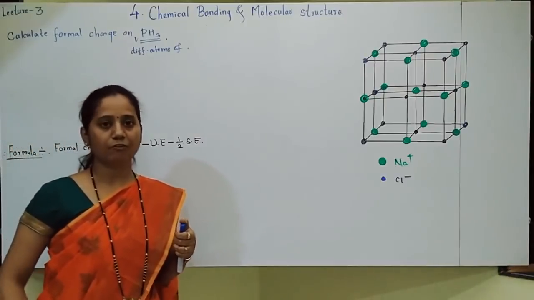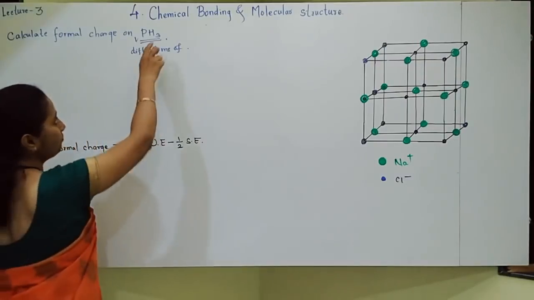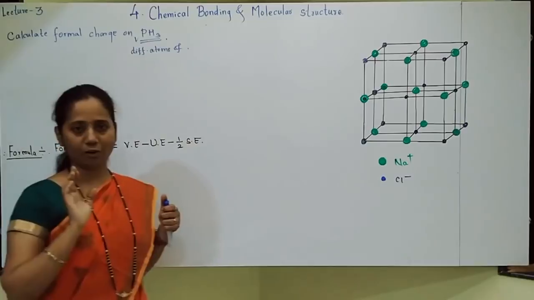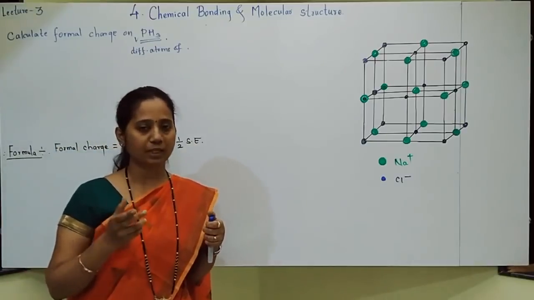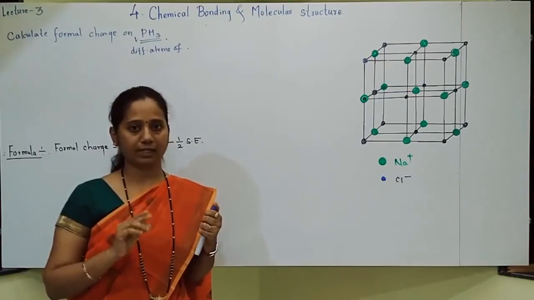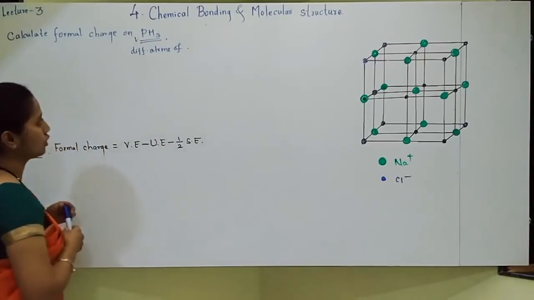Let us calculate the formal charge on phosphine, PH3. Only for your understanding, I am taking one more example. Now in phosphine, how many atoms are there? Four are there: one phosphorus and three hydrogens. Let us draw the structure.